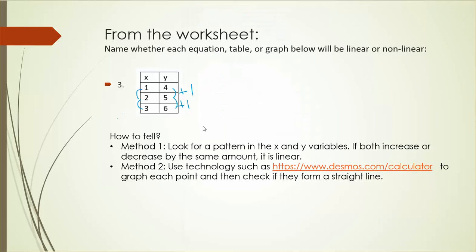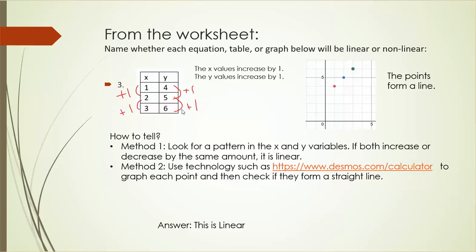But we can see that these, either with method 1 or method 2, we can see this is definitely an example of a linear equation. So for number 3, you would write linear for a solution. So now, if you haven't done number 3 along with me, pause the video and complete this one as well.